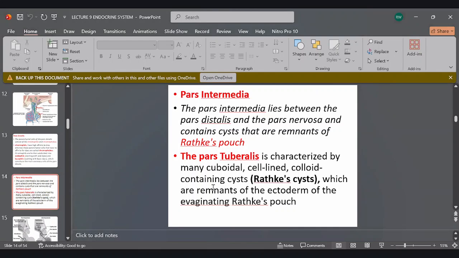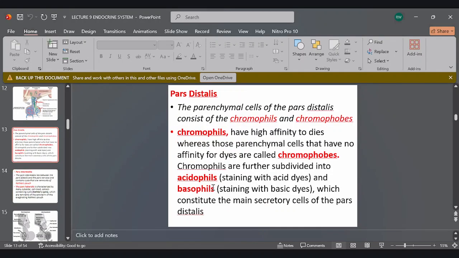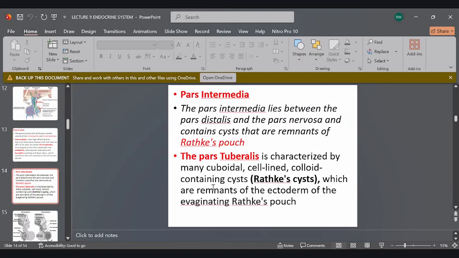Then lastly, we have the pars tuberalis, which is characterized by many cuboidal cells lined with colloid-containing cysts and Rathke's cysts, which remain as remnants of the ectoderm of the invaginating Rathke's pouch. So that's all about the pars distalis, the pars intermedia, and the pars tuberalis.